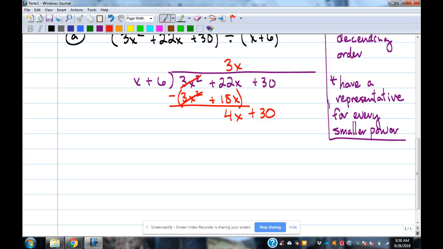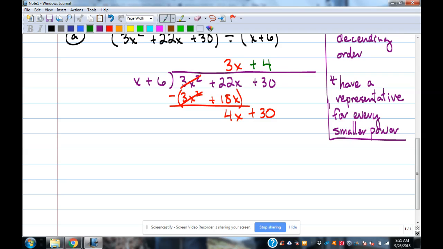What times x will give me 4x? 4. What kind of 4? Positive 4. So if it's a positive 4, up top we're going to put plus 4. Notice how that's over the plain number. Things are lining up. Okay. What do we do next?